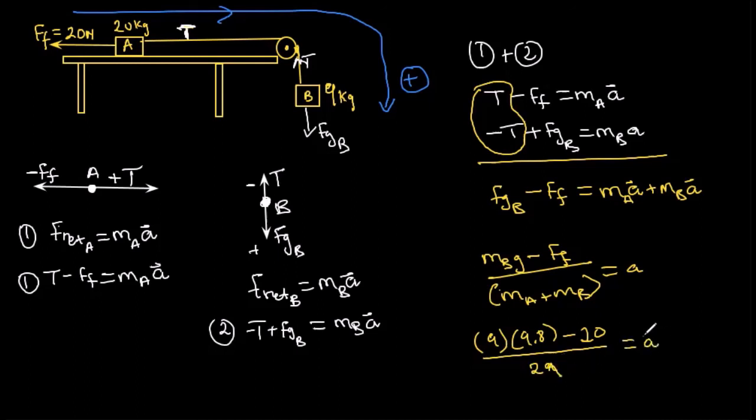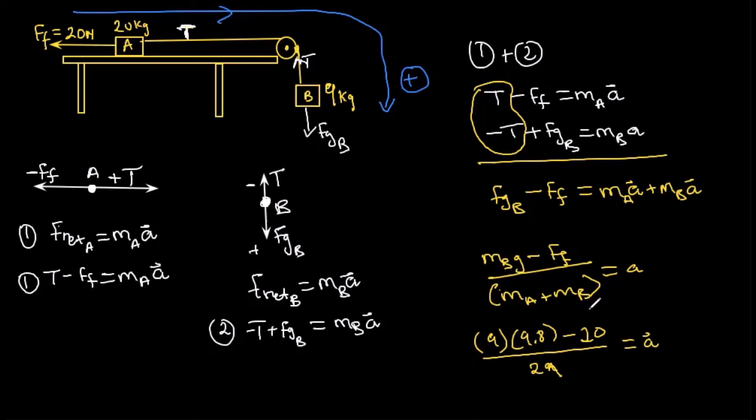That's going to be your acceleration. And then all that's left is to put that in a calculator: 9 times 9.8 minus 20 and then divide by 29.